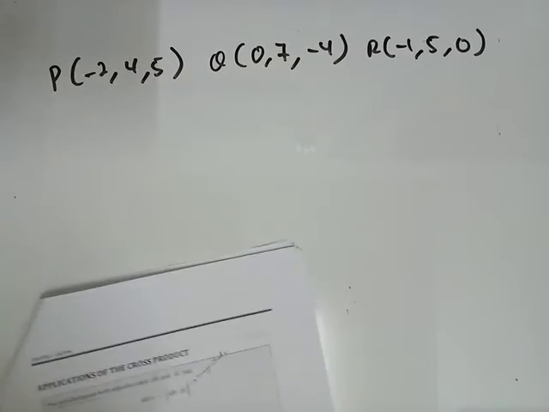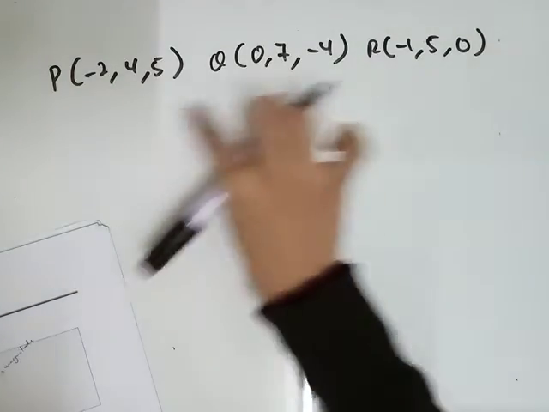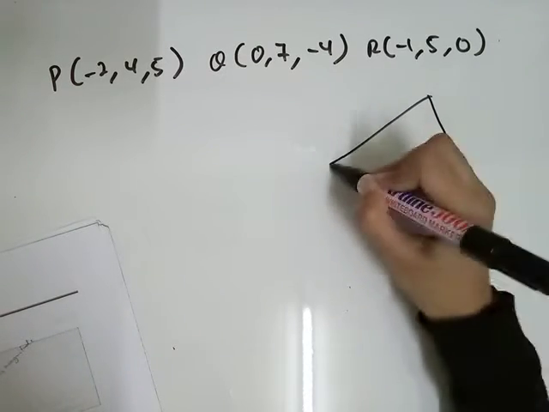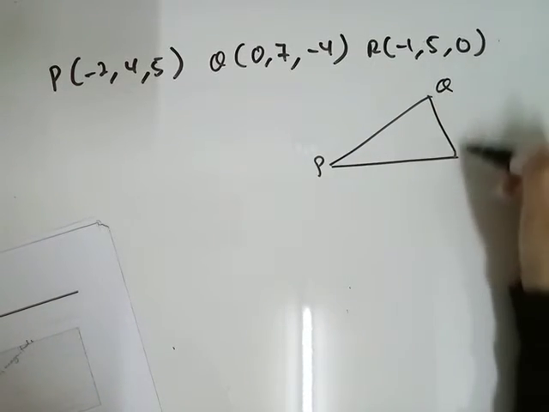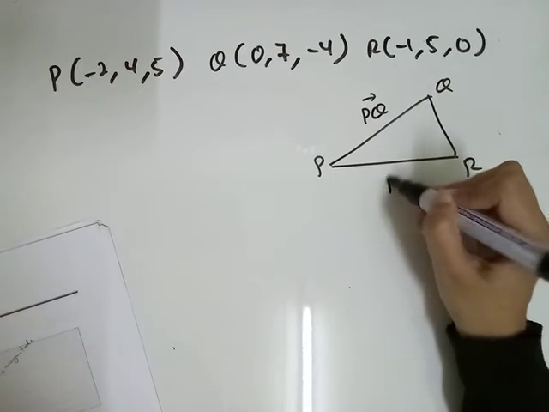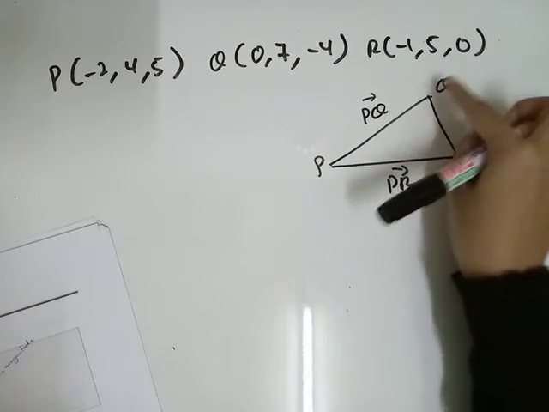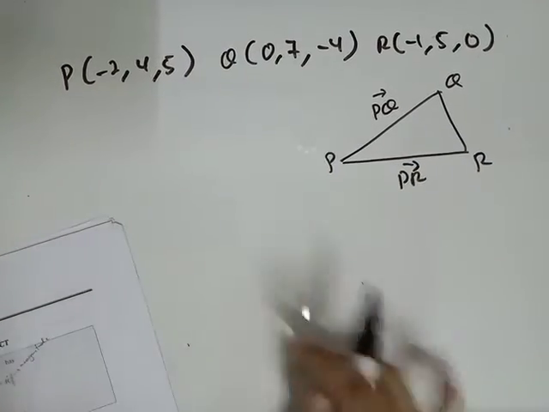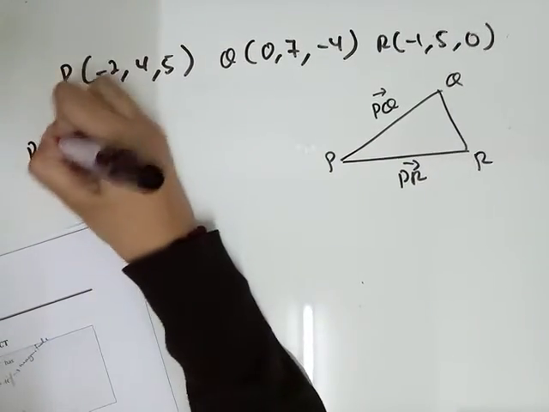And then macam biasa, bila dia bagi point, we have to find the vector first. We want to find the vector PQ and PR. Up to you kalau awak nak cari QP ataupun QR ataupun RQ, RP. Okay, so kalau saya guna PQ.